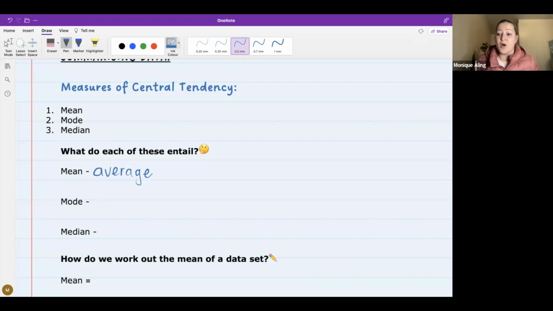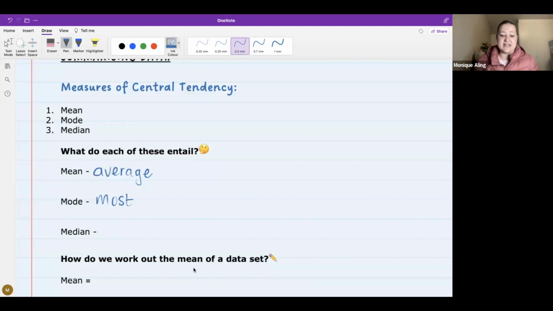What is our mode? Okay, it almost sounds like it. The number we see the most, mode, most, the number that appears the most. Okay, good.